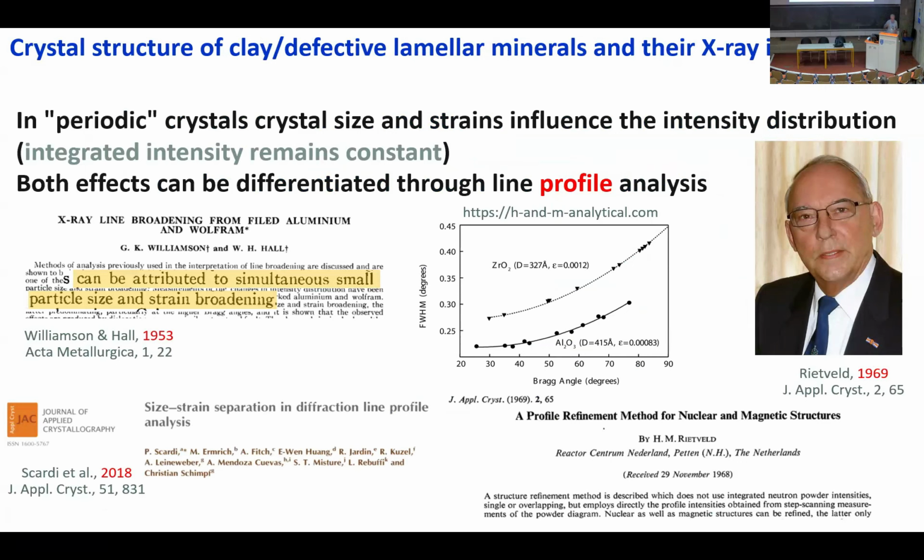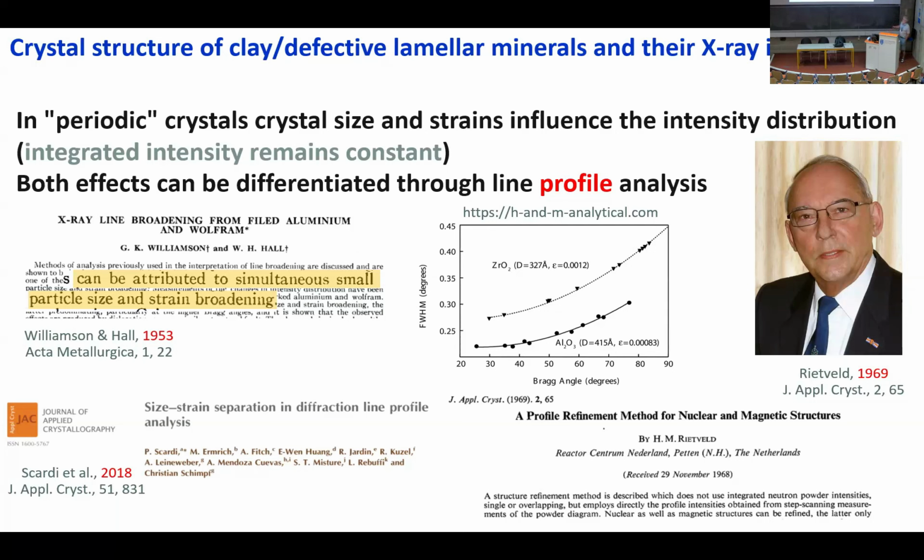And in his mind, profile was mainly the distribution of intensity about Bragg's peaks, to show that it was possible to obtain both the size and the strain depending on the evolution of peak breadth as a function of diffraction angle, mostly because they do not broaden the peak in the same way as a function of diffraction angle. One is a function of cos theta and the other one is a function of tangent theta.